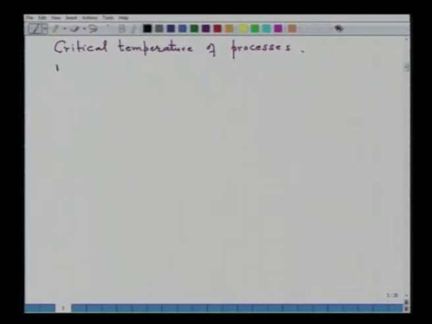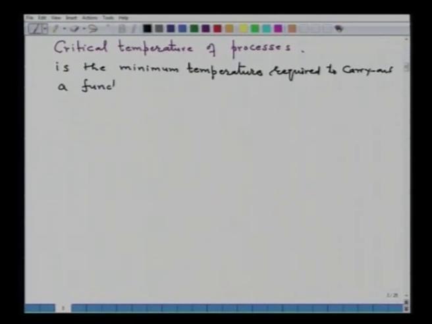So I will write again, critical temperature is the minimum temperature required to carry out a function.